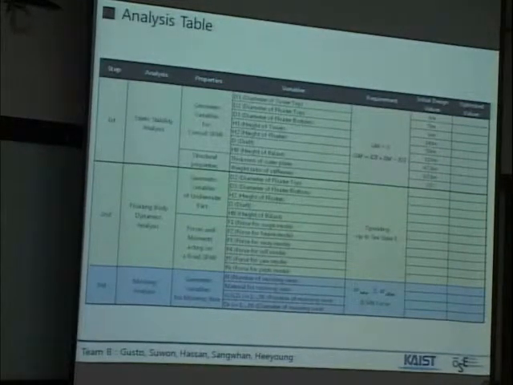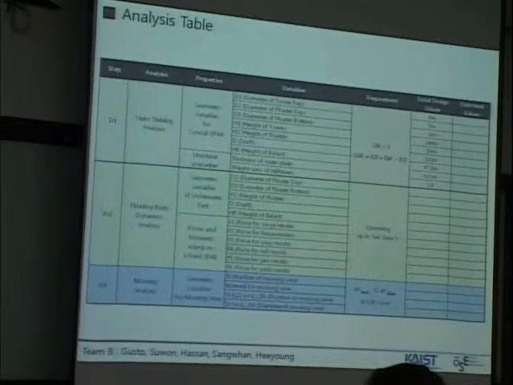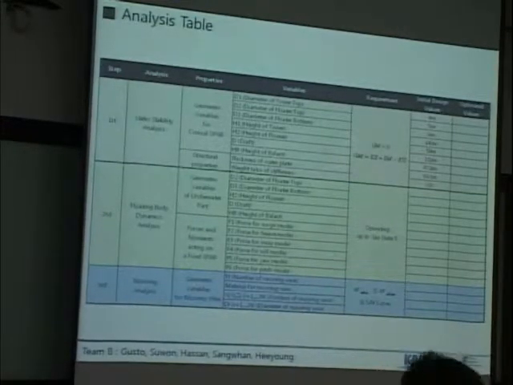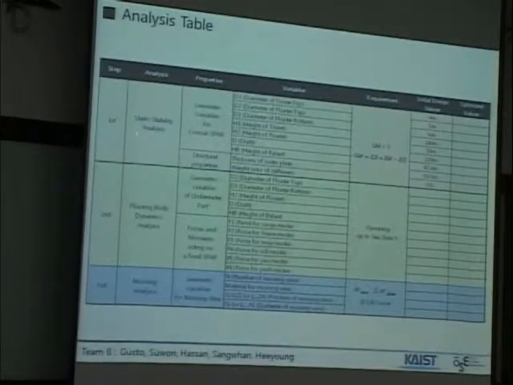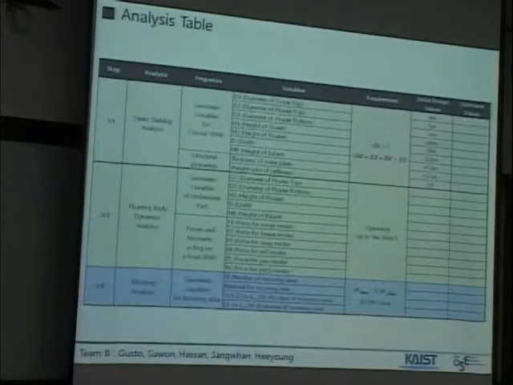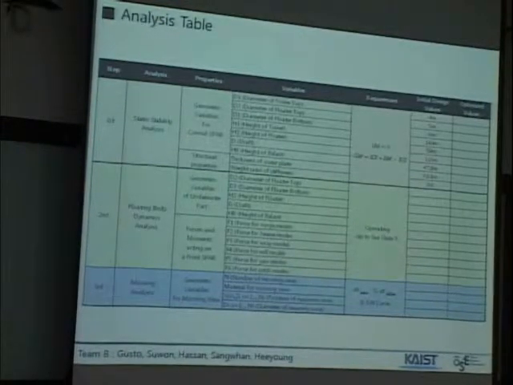And we summarized all of the variables, the analyses to be needed and the requirements in this template. So you can see the analysis steps and many kinds of variables, requirements and values.